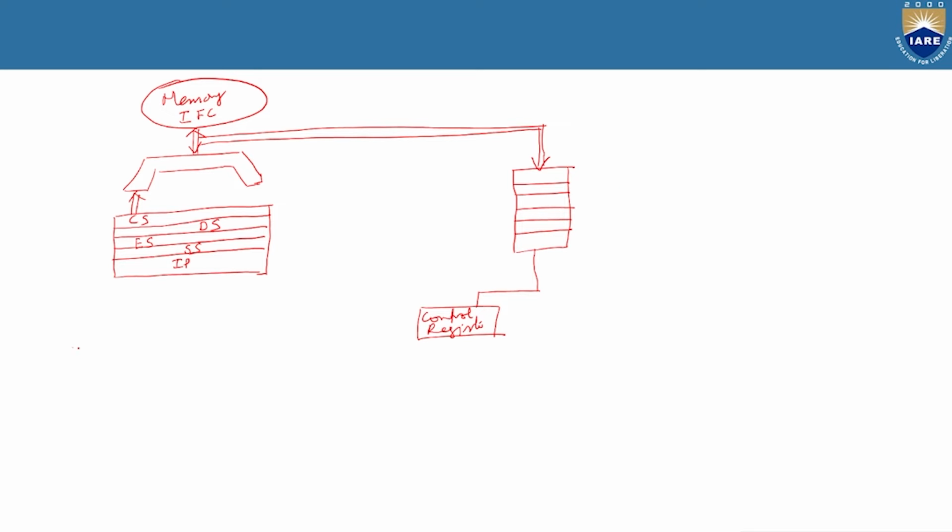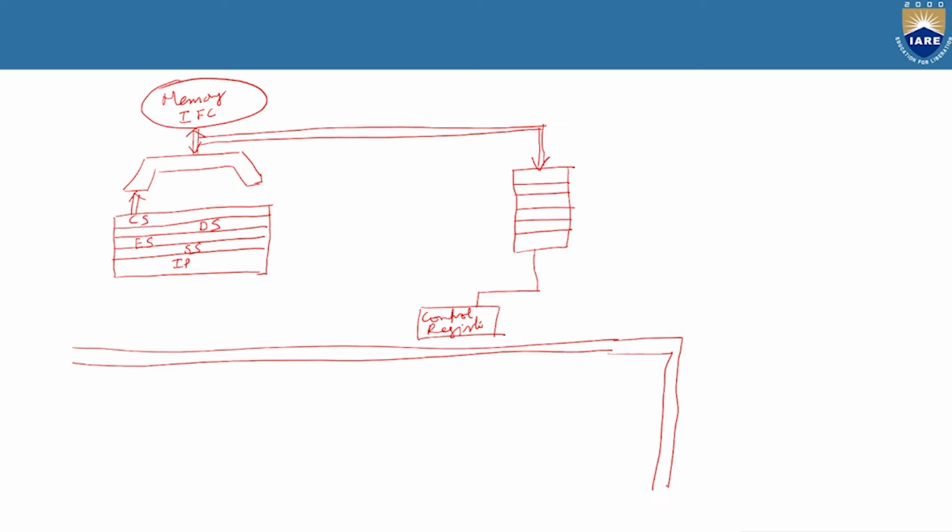At the bottom, I have the execution unit. The execution unit contains pointer registers and the general purpose registers which are used for arithmetic and logic operations. So these are the various registers.